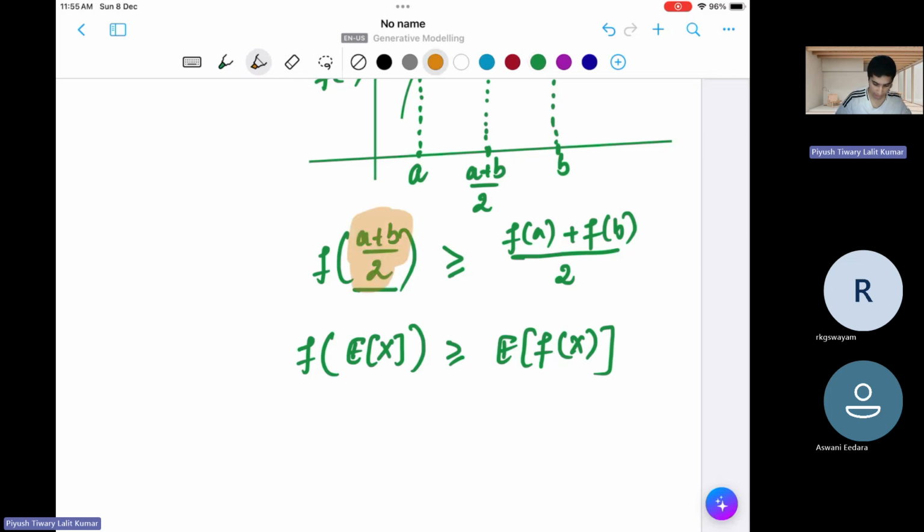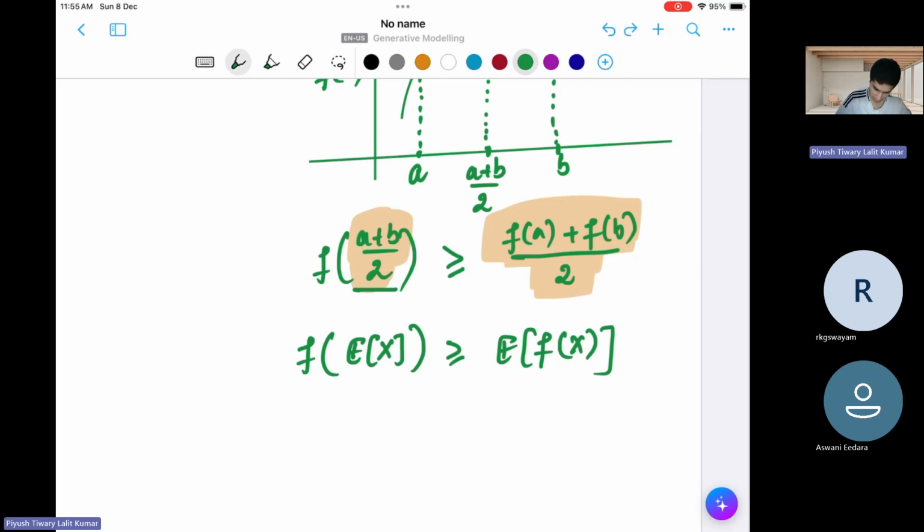You can think of it as f of average being greater than average of f. This is what is called Jensen's inequality.